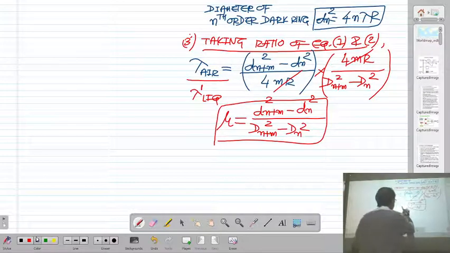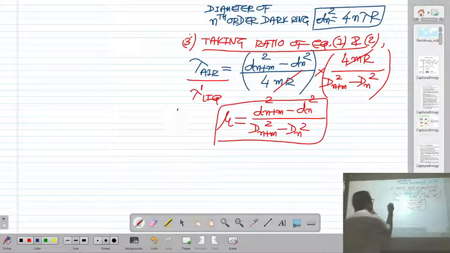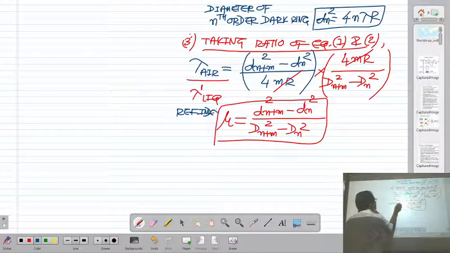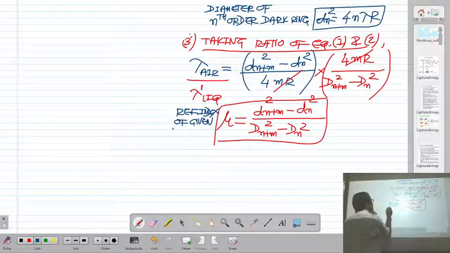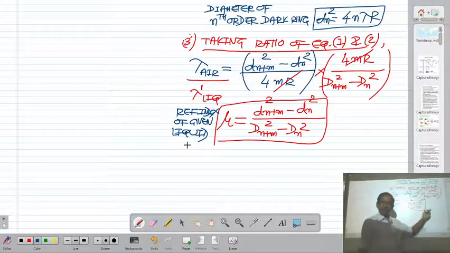So using the equation mu is equal to small dn plus m square minus dn square upon capital Dn plus m square minus dn square, the refractive index of the liquid can be determined.